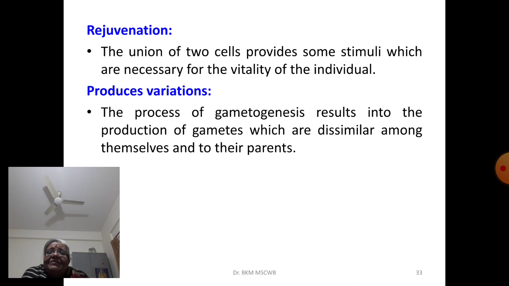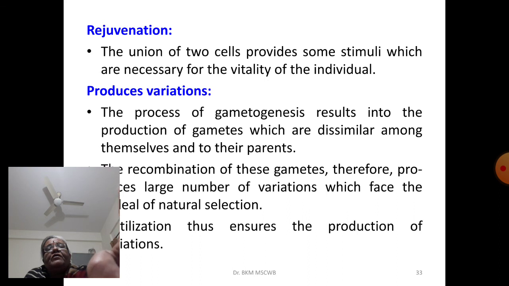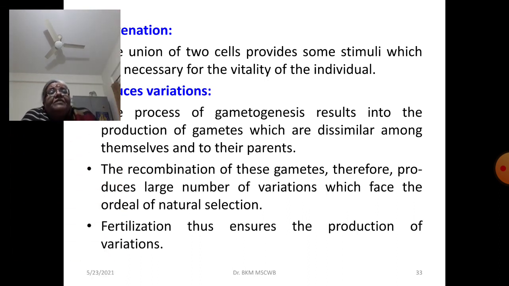Gamete A is not the same as gamete B, though they are the products of the same gametogenesis, and they do differ from their parents. The recombination of these gametes therefore produces a large number of variations which face the ordeal of natural selection. Fertilization thus ensures the production of variations. So these are the three significances which you need to understand.